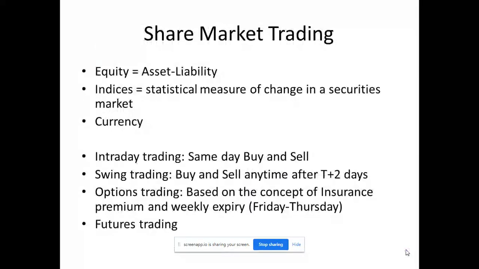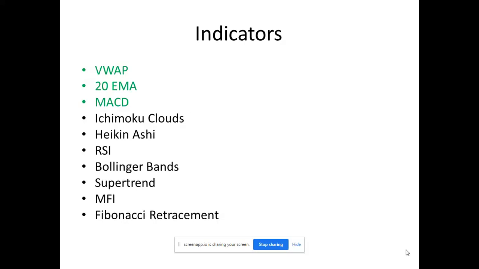So we discussed the basic definitions and basic concepts of trading, followed by the concepts of indicators. We had covered the indicators VWAP, volume weighted average price, 20 EMA, 20 exponential moving average, and MACD. MACD stands for moving average convergence divergence.